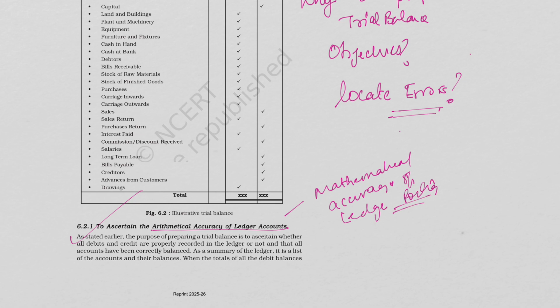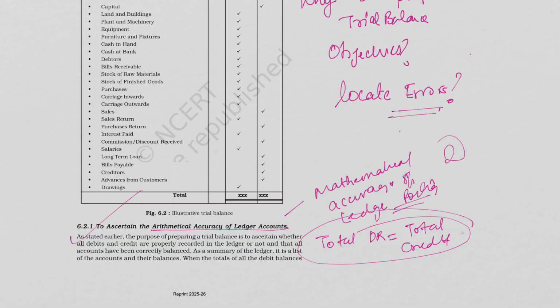As you know, accounting follows the double entry system, which means that the total of debit is equal to the total of credit. Whenever a transaction occurs, it affects at least two accounts. One account is debited, another account is credited.